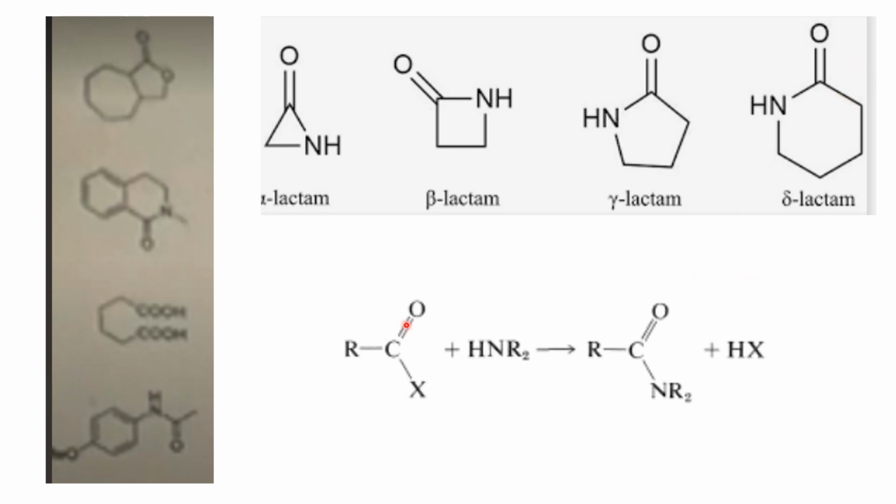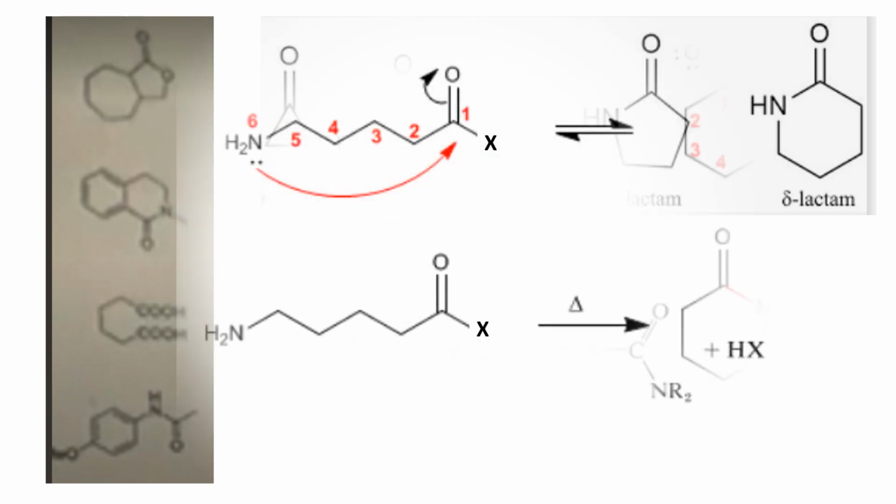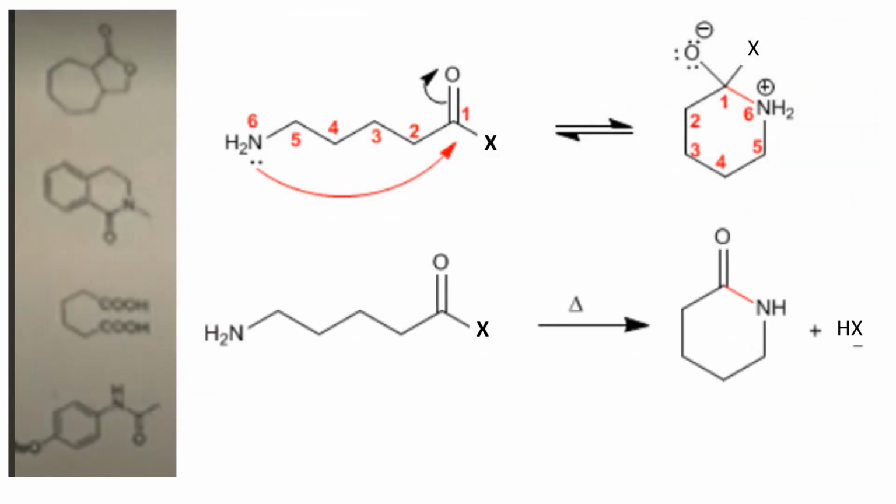Again, since it is a ring structure, the amine group and the acid halide group should come from the same structure para mag-form ng ring. Should come from the same compound or molecule para maka-form ng ring.